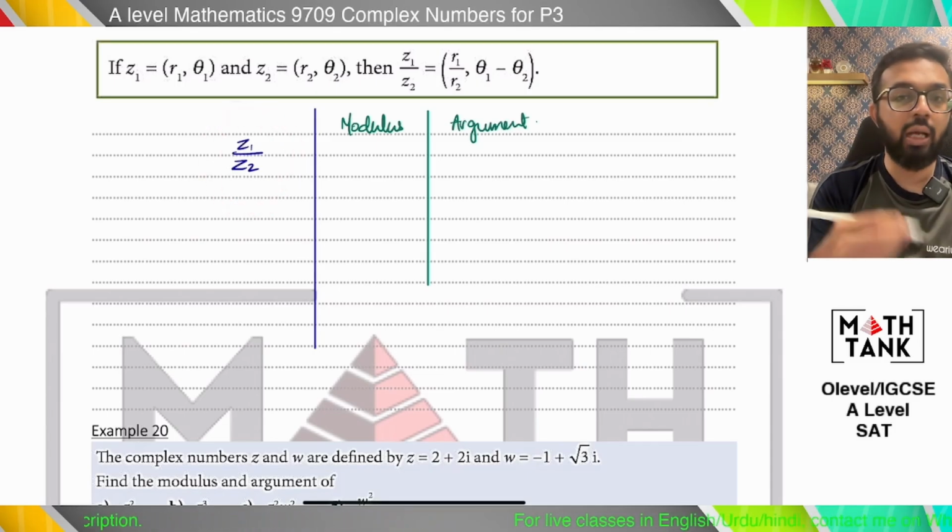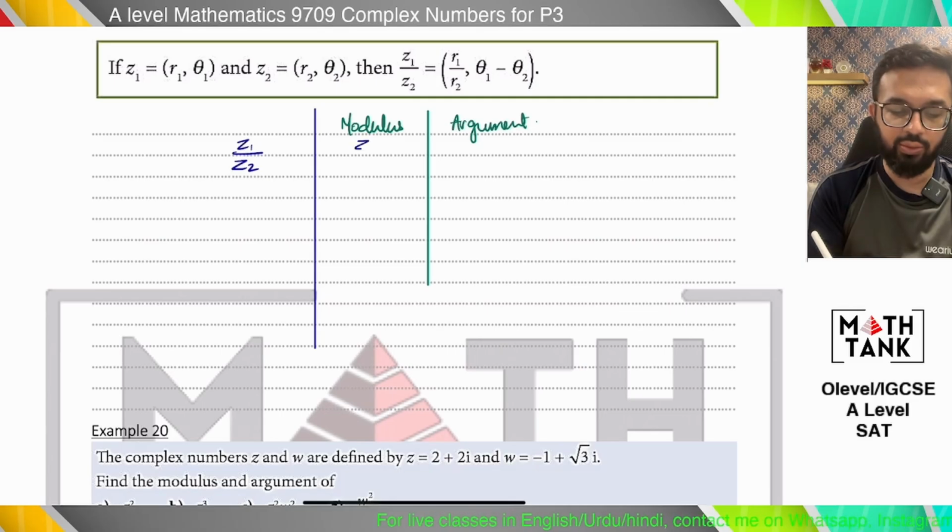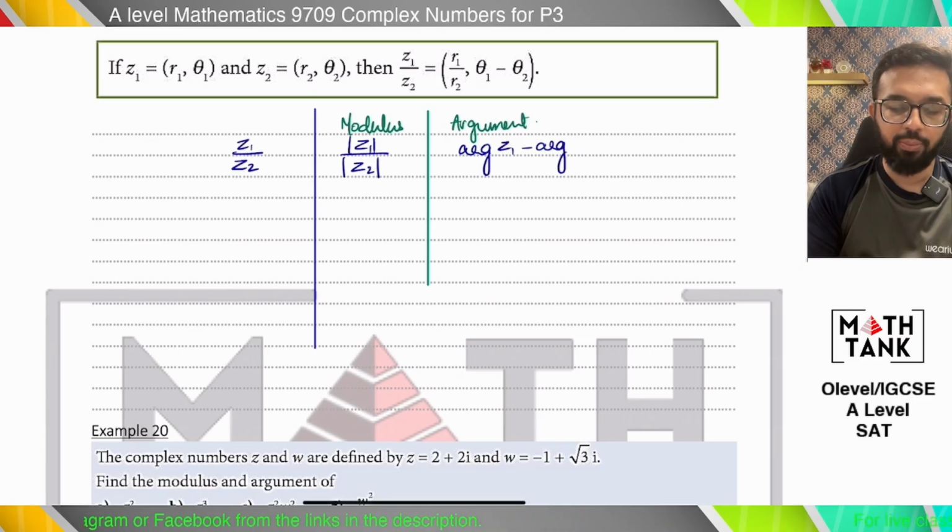So you don't need to calculate the new complex number z1 by z2. You can just do modulus of z1 divided by modulus of z2. What happens to the argument? The argument of z1 gets subtracted with argument of z2. So my purpose of showing you this is to show you that you don't really need a new complex number. You can just use your old complex numbers and do this.